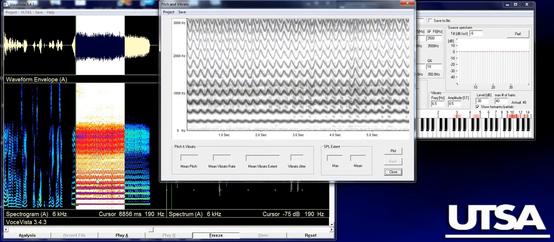And now that gives us a highlighted part of the spectrogram here. And we want to go to the highest harmonic that we can easily get around. I think I can get around this one. 1, 2, 3, 4. So this will be the 5th harmonic.